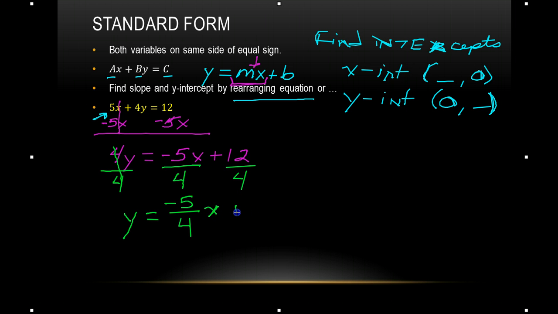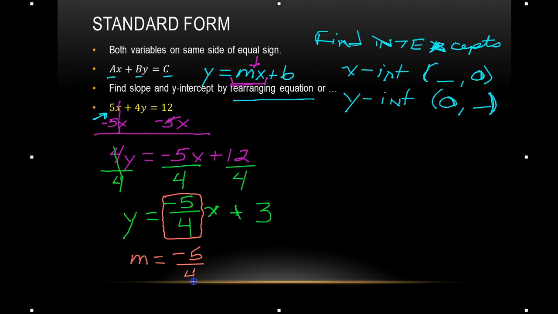So now that we're in this form, we can identify what's the slope and what's the y-intercept. The slope, of course, we recall, is always the number in front of x when y is by itself. So the slope is negative 5/4. The y-intercept is the constant at the end.